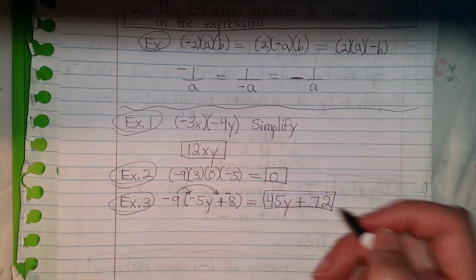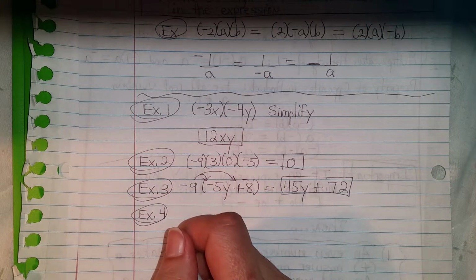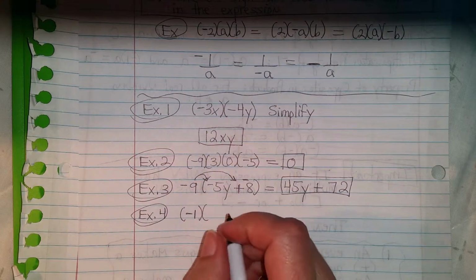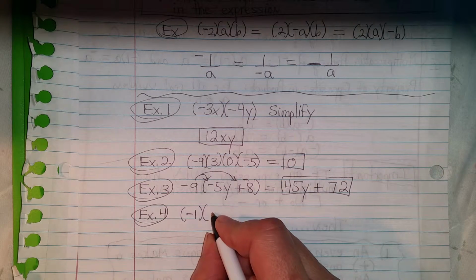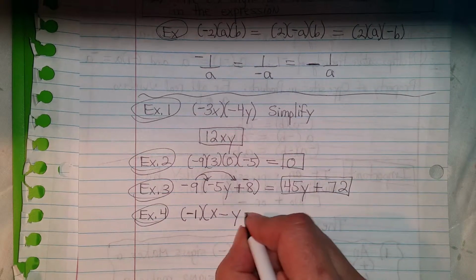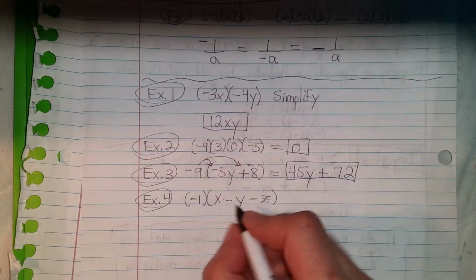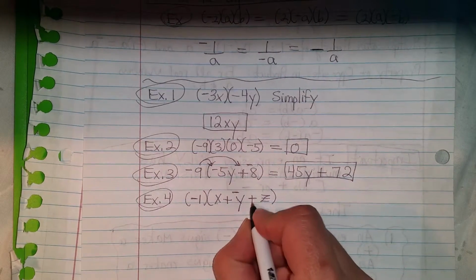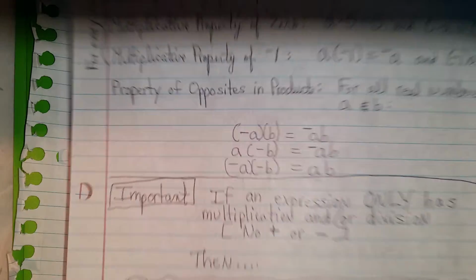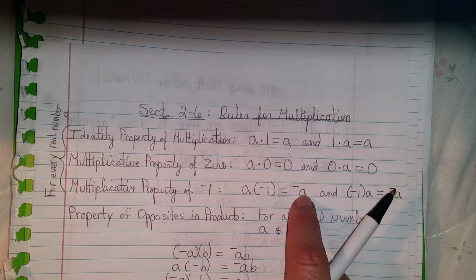Let's do example 4. If I have a -1 times x minus y minus z. Keep, change, change first. So keep, change, change, keep, change, change. Now, when you multiply a -1 by anything, as seen here, it just changes the sign of whatever that number is.